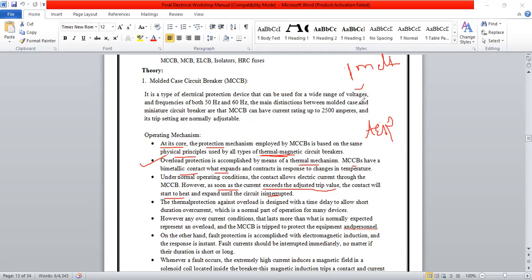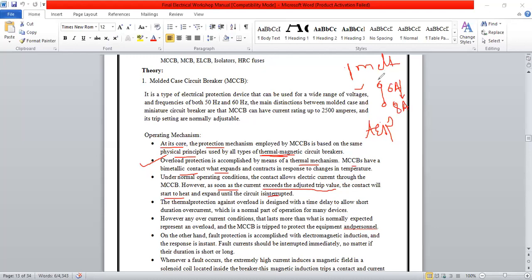When will the fuse melt? When the current exceeds. Suppose there is a conductor whose current carrying capacity is 6 ampere, but sometimes the current flowing through it increases above 6 ampere, suppose 8 ampere. Its capacity is 6 ampere, and the current flowing is 8 ampere.